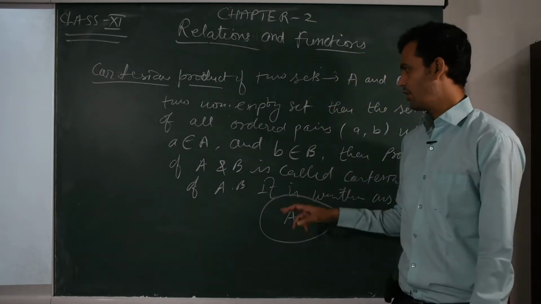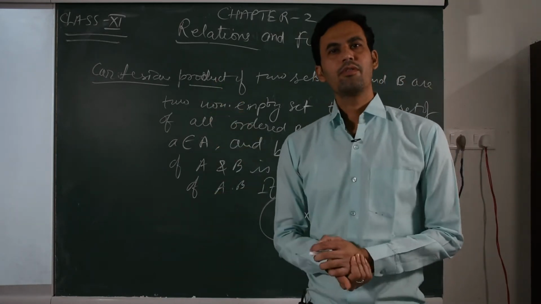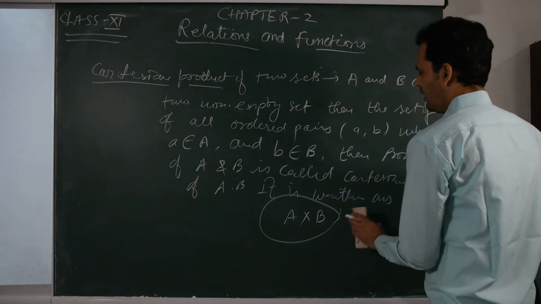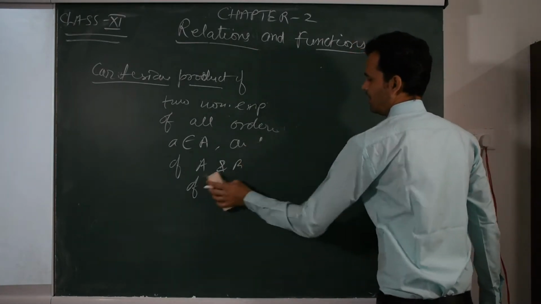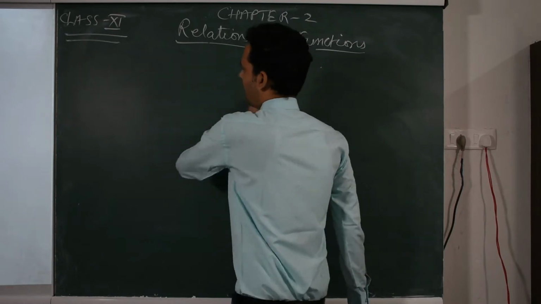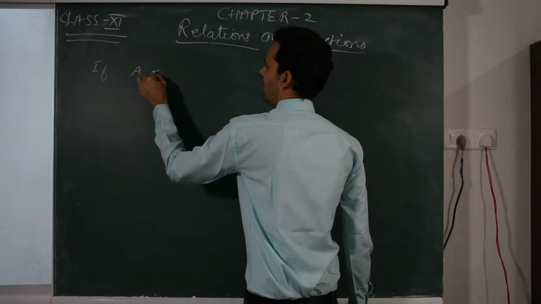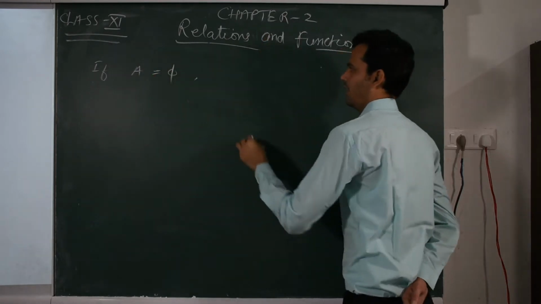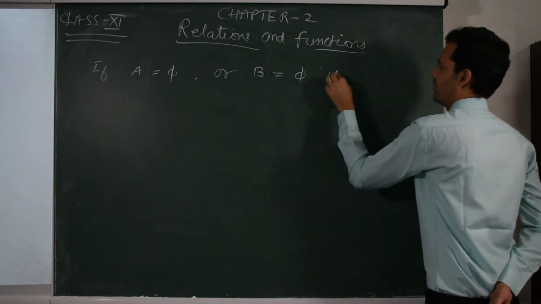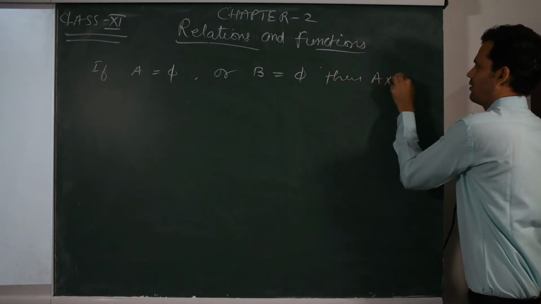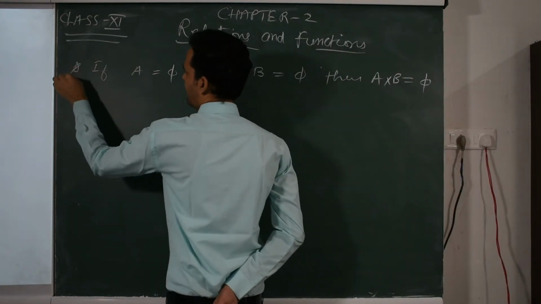This Cartesian product and ordered pair we use in exercise 2.1. Therefore these two are important for first exercise. Now some important points: first, if set A equals phi or set B equals phi, then A cross B equals phi.